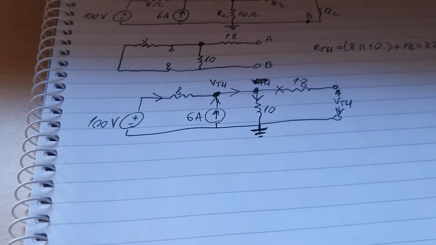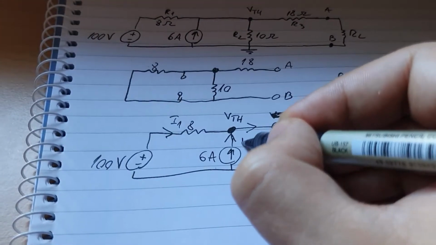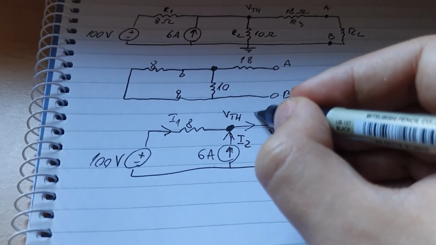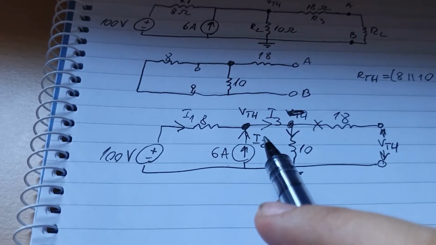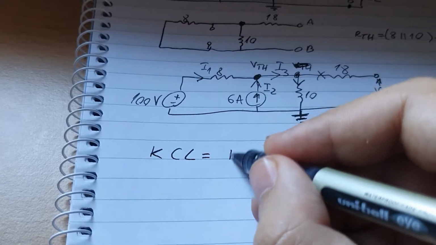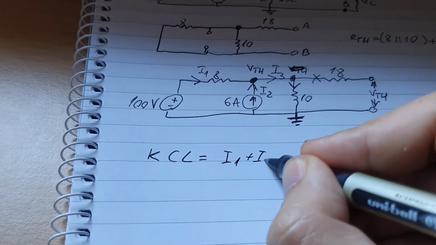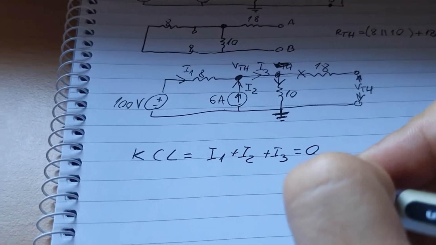So let's see here. Let's name this one I1, name this one I2, and name this one I3. And I think you can already see where this is going. Basically, Kirchhoff's current law states that I1 plus I2 plus I3 will always be equal to 0.